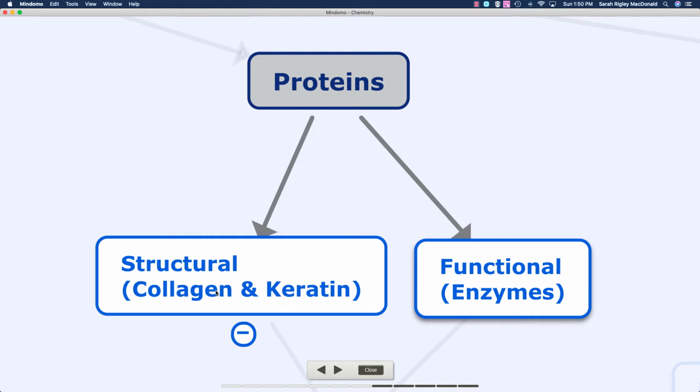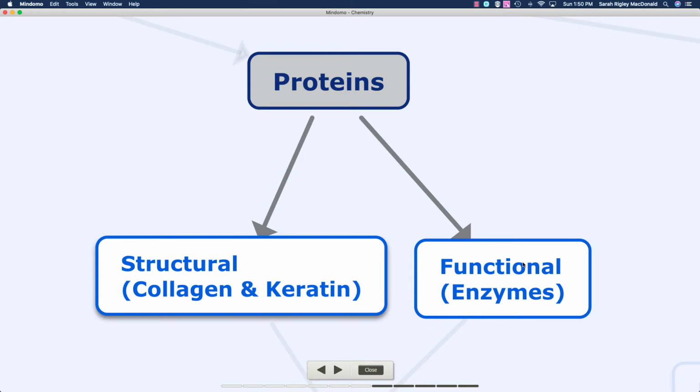So it makes up tendons and ligaments, the outsides of organs. It's really a protein fiber that we use throughout the body when we need a tissue to be strong but flexible. Keratin is a little bit different. We find it in our skin, and it's strong, but mainly it's waterproof. So that's why our skin is waterproof.